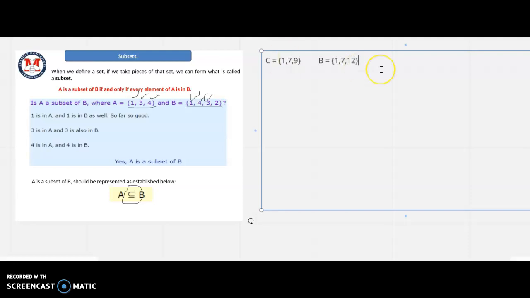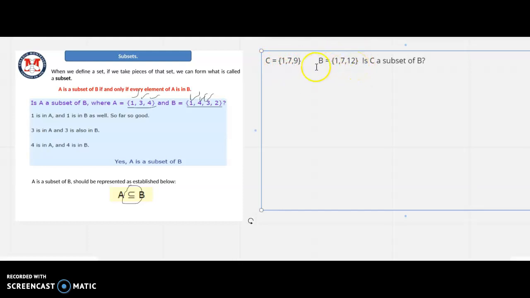So we're going to write the following question. Is C a subset of B? So let's see. Is C a subset of B? We're going to see if all the elements of C are included in B.